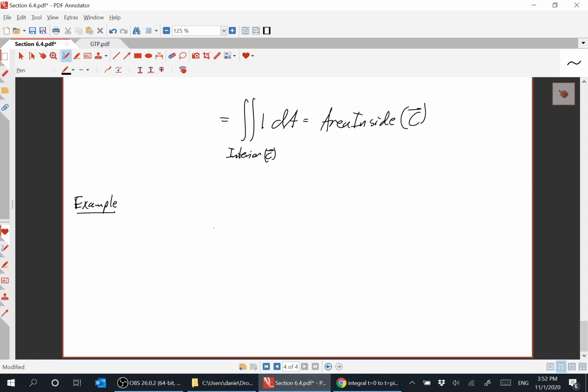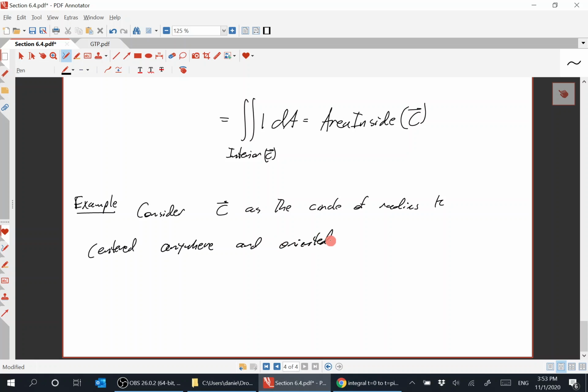So, for example, if we had the circle of radius k centered, well, not just at the origin, anywhere. And oriented counterclockwise. So here's your x and y axis.